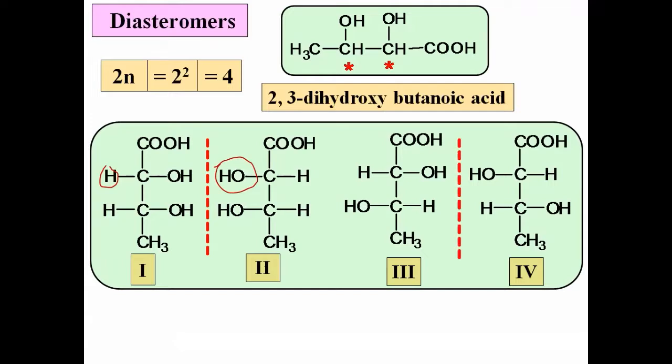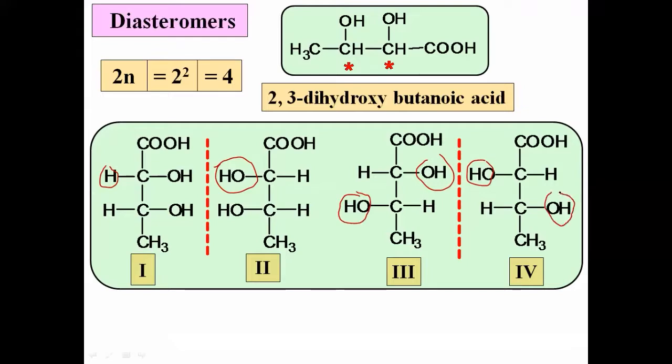Now let us see the relation between third and fourth. Suppose this is the mirror between those two. Are they mirror images of each other? Here also they are mirror images. The upper OH is in front and appears in front in the mirror. The next OH is at the back and appears at the back in the mirror.